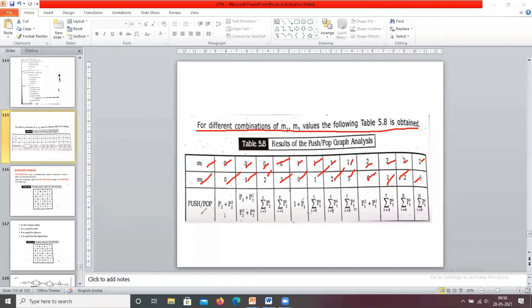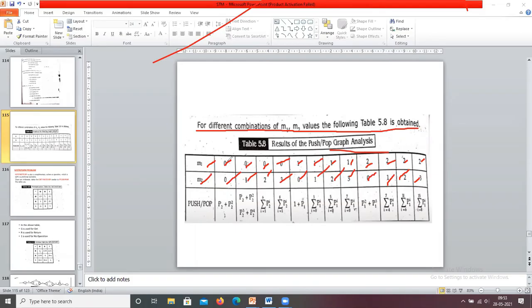So for this, the push or pop. Okay, so these are the different push and pop results. These are the results of the push and pop graph analysis. For different m1 and m2 values, the m1 m2 values are loop iterations.